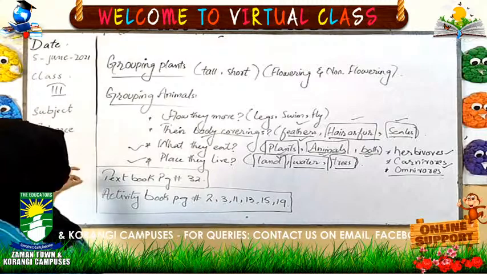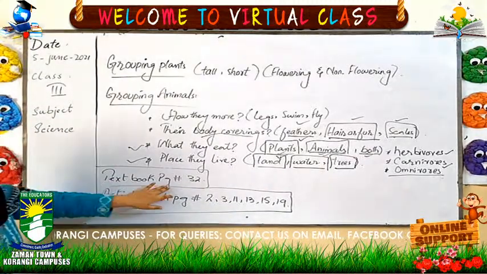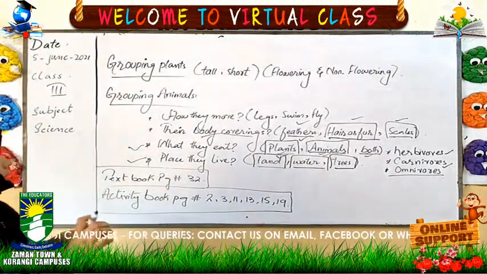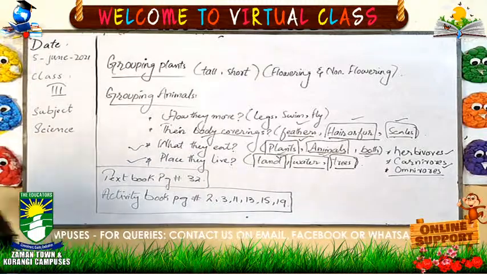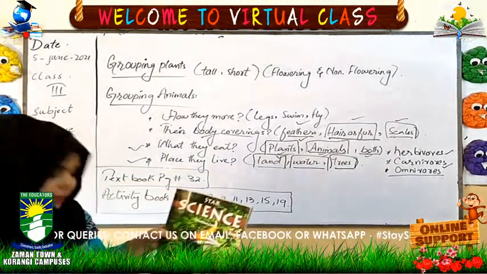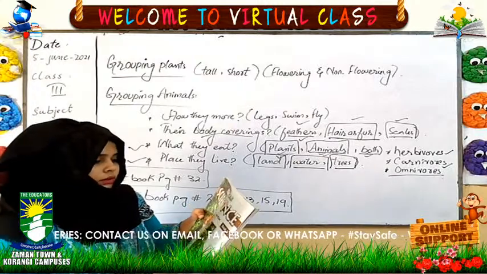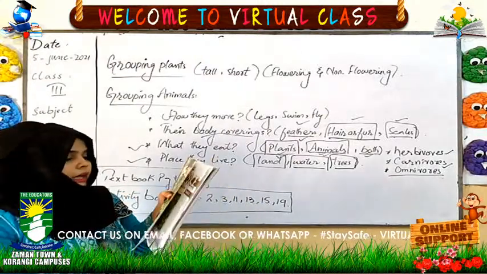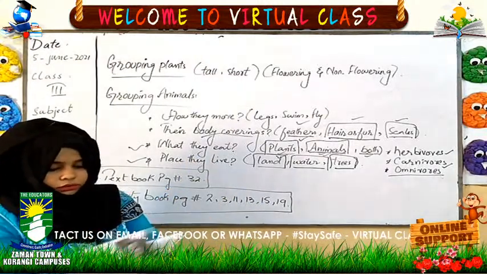Now we are going to do page number 32 in our textbook. So for this, just open your textbook. We have 2 books in our course, and we are discussing the textbook.